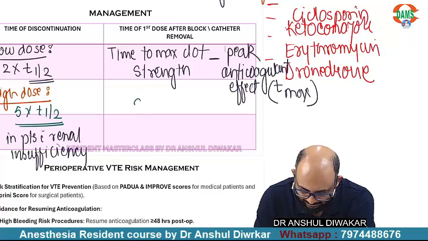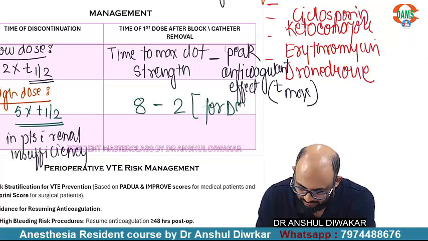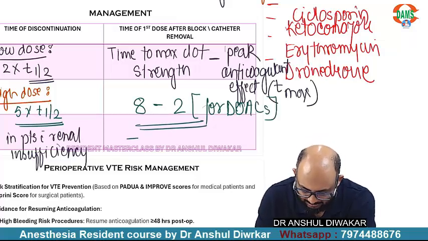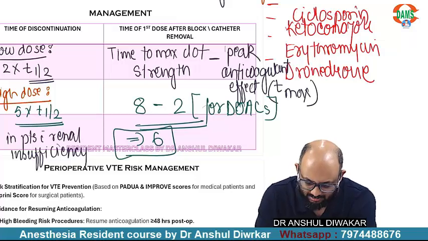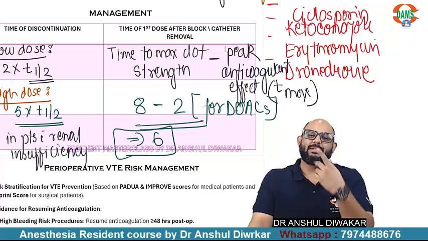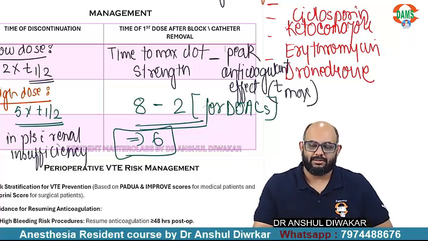Normally the time to maximum clot strength is 8 hours, minus the peak anticoagulant effect Tmax, which is 2 hours for commonly used DOACs. And that is why you will always see that it is usually 6 hours after the catheter removal that you can give the next dose. 6 hours after catheter removal.